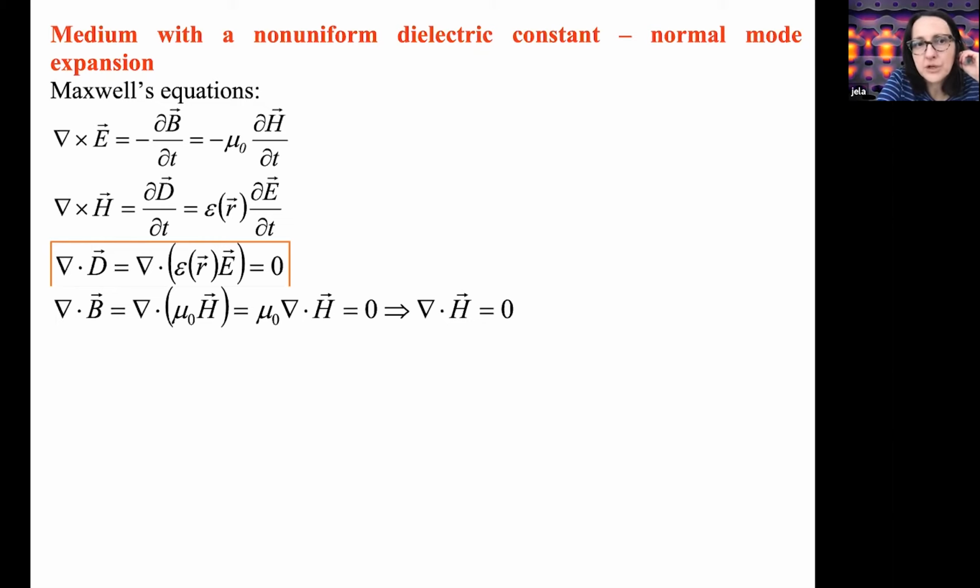Problems occur when you have something with non-uniform dielectric constant, because the wave equation is different, and that's what we'll be doing now. But you can still make sure that you write your wave equation in the form of an eigenvalue equation for a Hermitian operator and solve it.